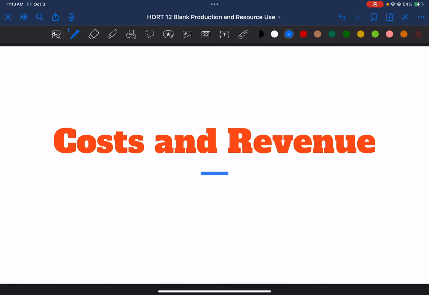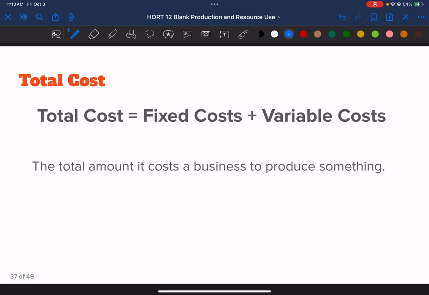Now, costs and revenue. This is where it all starts to come together. But there are different types of costs that we have to talk about. So total costs are the total amount that it costs a business to produce a product, and that's composed of the fixed costs and the variable costs.